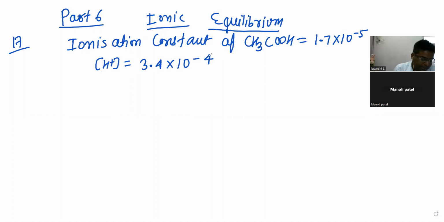Then find the initial concentration of acetic acid. So you have to find this value.